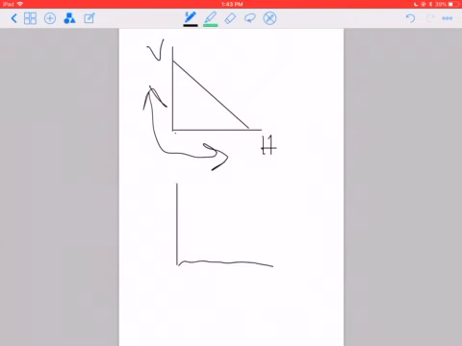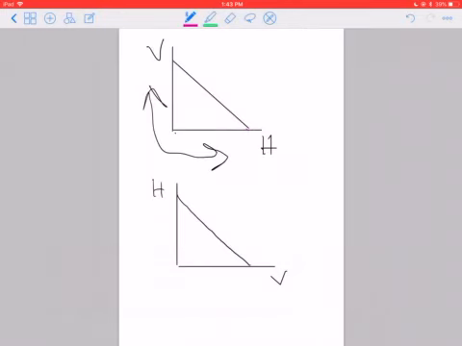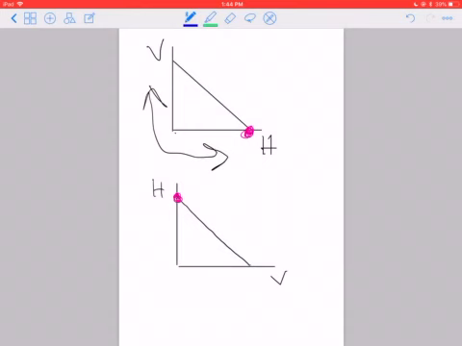If we redraw our graph, and this time we call this one our vertical and this one our horizontal, we can see that our demand curve will still be downward sloping, because the point that was touching our horizontal axis before is now over here, and the point that was touching our vertical axis up here is now touching it down here.